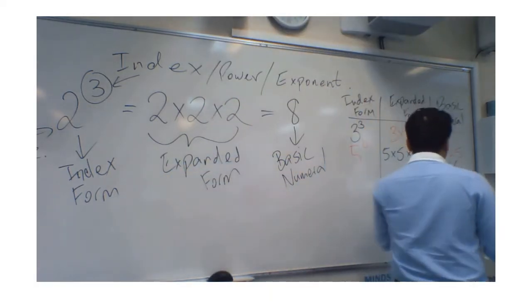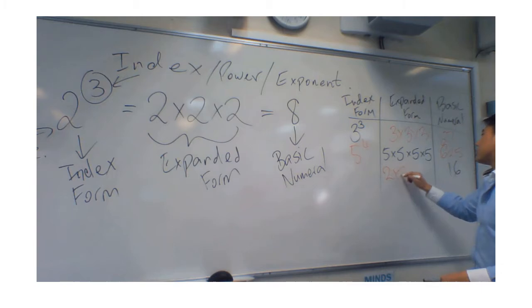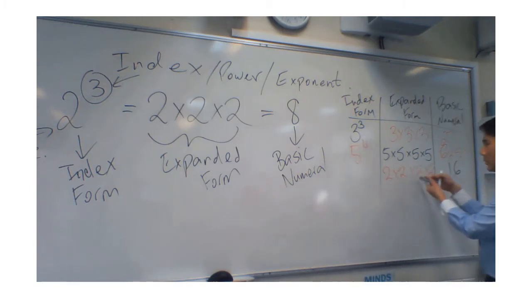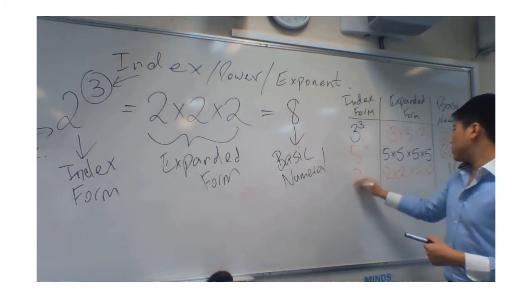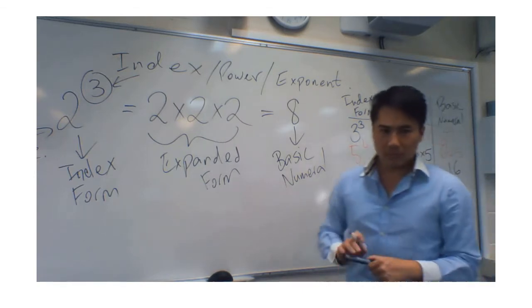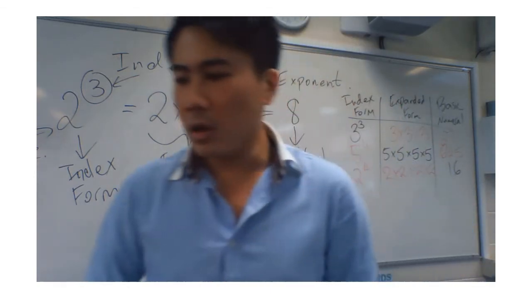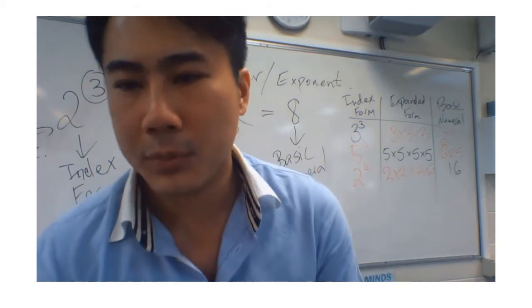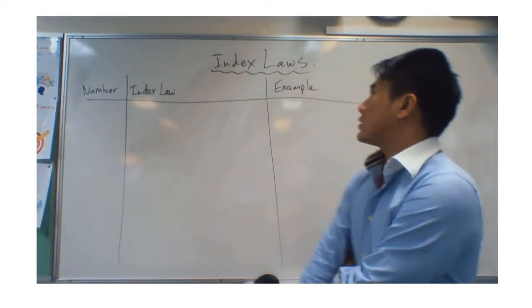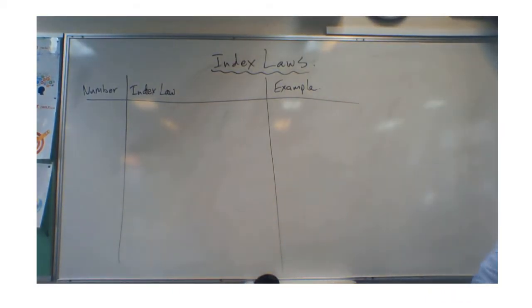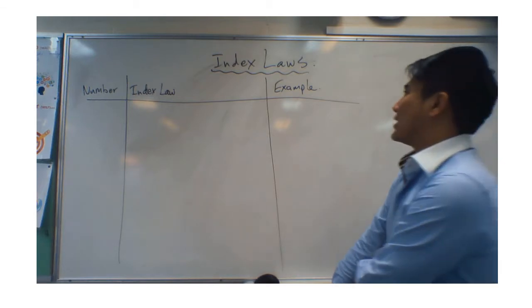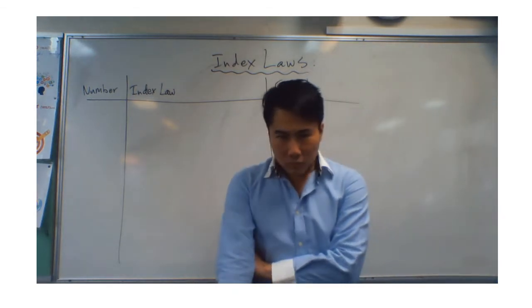So really, 16 is just 2 times 2 times 2 times 2, right? 2 times 2 is 4, 4 times 2 is 8, 8 times 2 is 16. That's the expanded form. Index form would be 2 to the power of 4. Very simple. Alright, so let's move on. Let's look at the important part of this unit, the index laws.